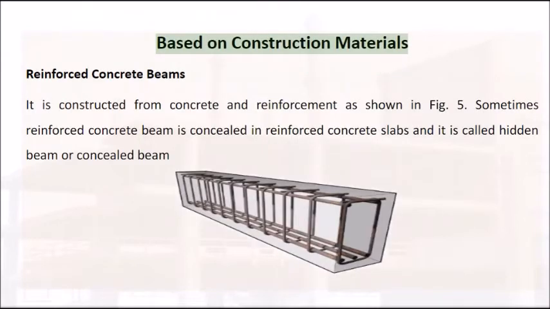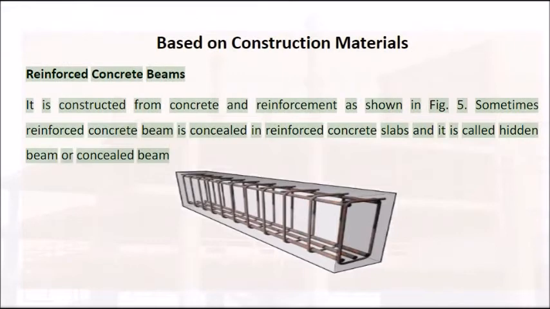Based on construction materials. Reinforced concrete beams. It is constructed from concrete and reinforcement, as shown in Figure 5. Sometimes a reinforced concrete beam is concealed in reinforced concrete slabs, and it is called a hidden beam or concealed beam.